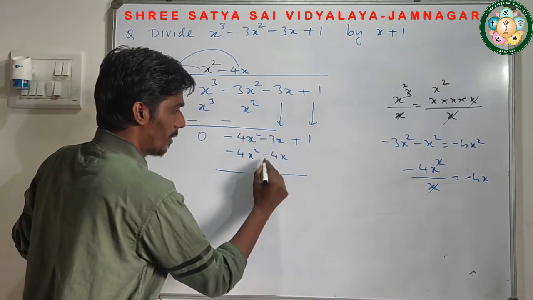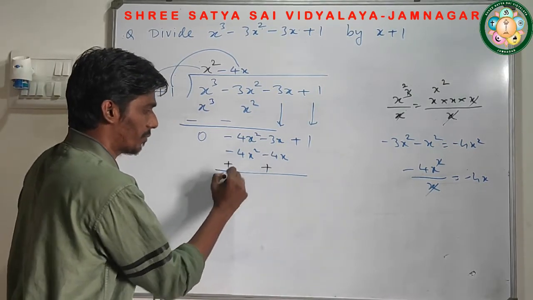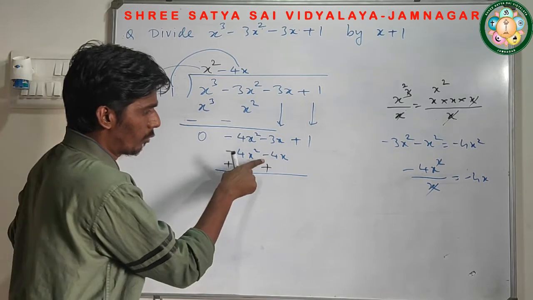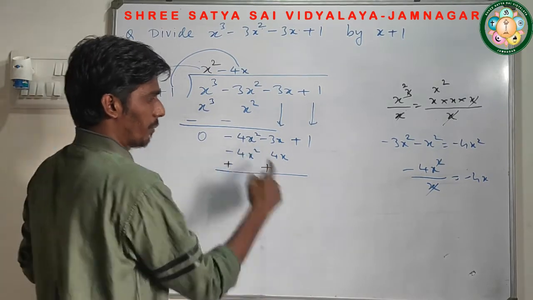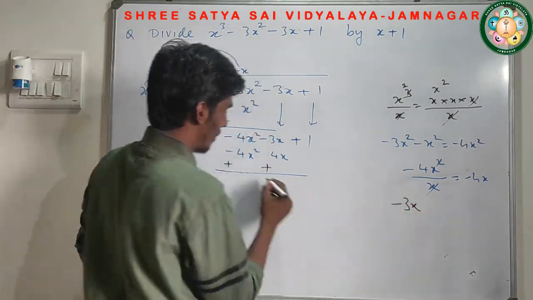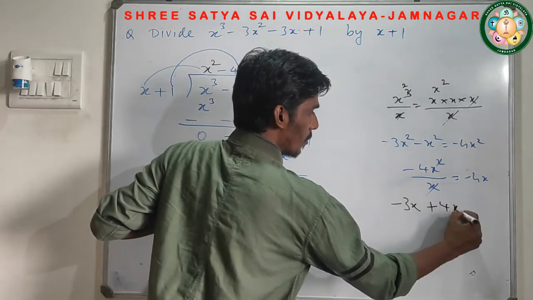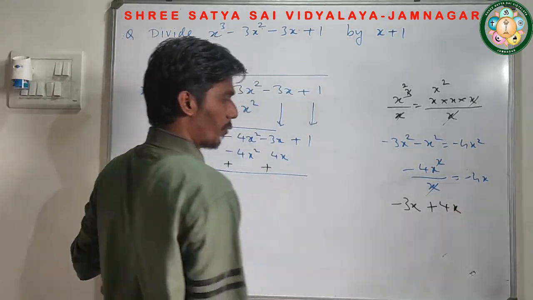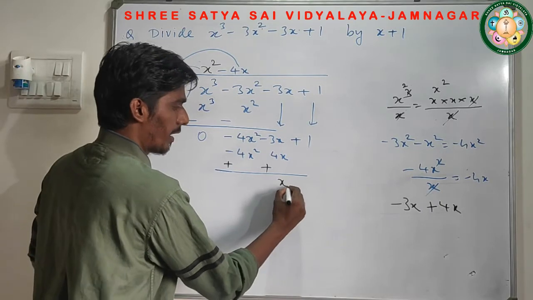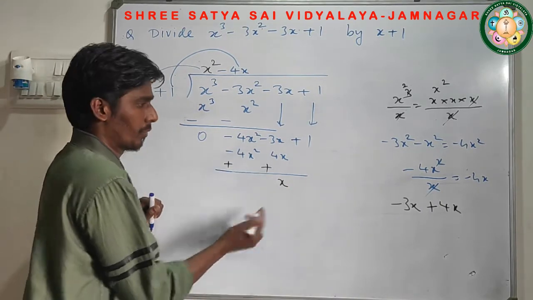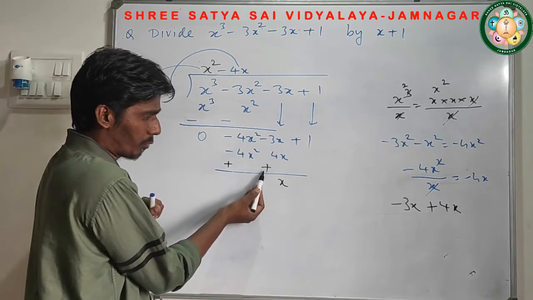So change the sign. Minus becomes plus and this minus becomes plus. As I told you, now no need to consider this sign. It means it's minus 3x plus 4x. Minus 3x plus 4x, how much? It's only x. Greater number sign: 4 is greater and the sign of 4 is plus.